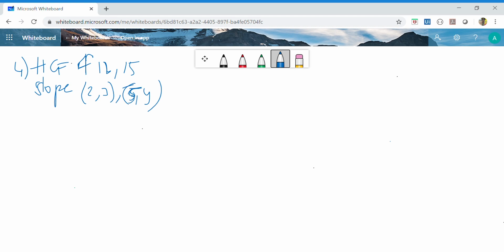Then find the value of y. Then what you have to find out? y is equal to how much? The question is, HCF of 12 and 15 is the slope of these points. Then find the value of y.